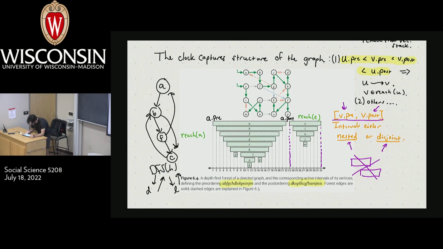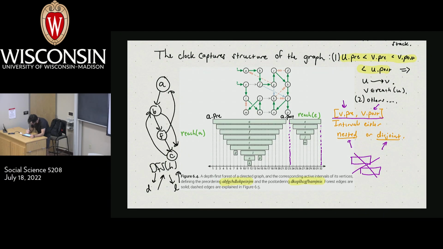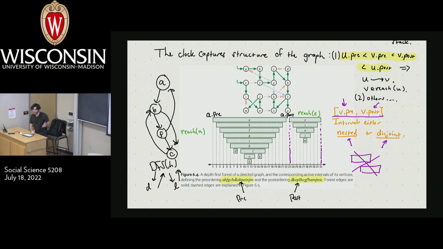So before I get to that, let's first look at the resulting pre and post order. So this one's the pre-order, and this one's the post-order. So the pre-order, you can actually read it just from looking at the picture. The first thing we visit is A, it starts first, then B, then F, and so on.